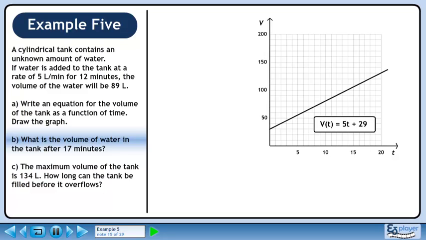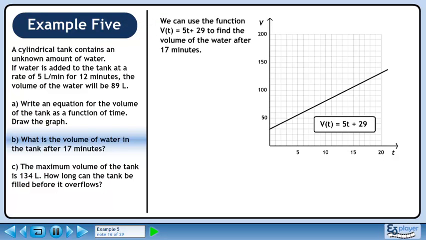Moving on to part B, what is the volume of water in the tank after 17 minutes? We can use the function v of t equals 5t plus 29 to find the volume of the water after 17 minutes. Rewrite the function.